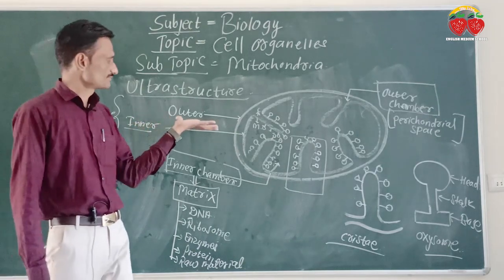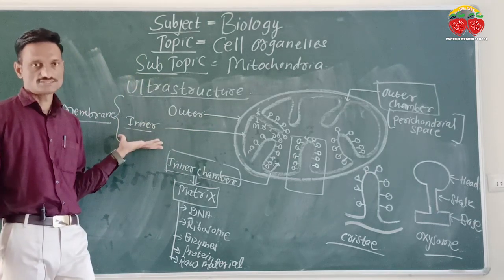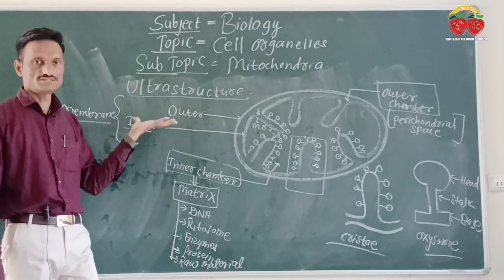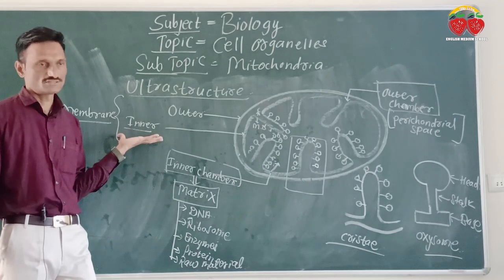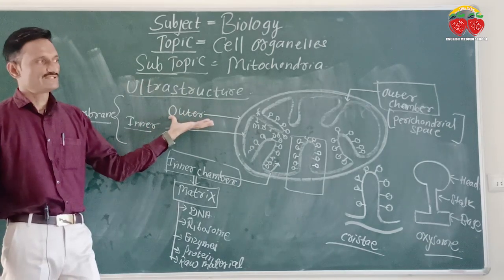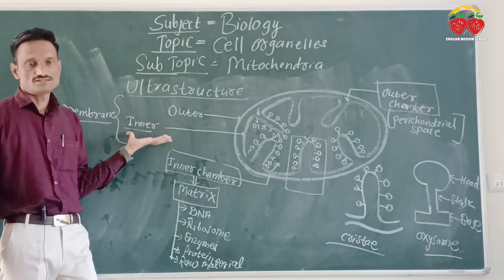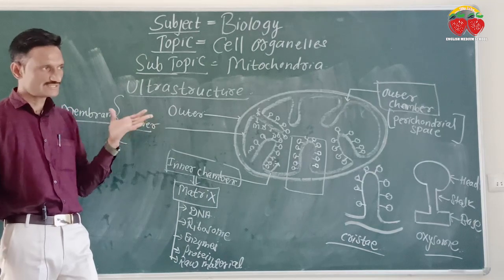The outer membrane has fewer enzymes, but the inner membrane is rich with enzymes. The outer membrane has less protein, the inner membrane has more carrier protein. The outer membrane has maximum lipids in the form of cholesterol, but the inner membrane has fewer lipids. So these are the differences.